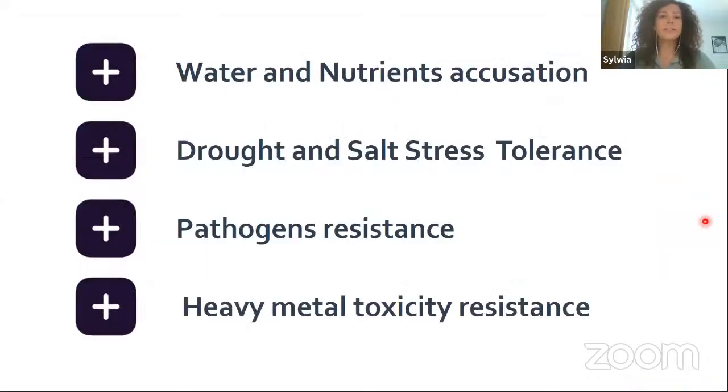So there is a positive role of strigolactones in the soil as a rhizosphere signal, because AM fungi, besides helping the plant to obtain water and nutrients, also help the plant to cope with drought and salt stress. They also increase pathogen resistance and resistance against heavy metal toxicity.